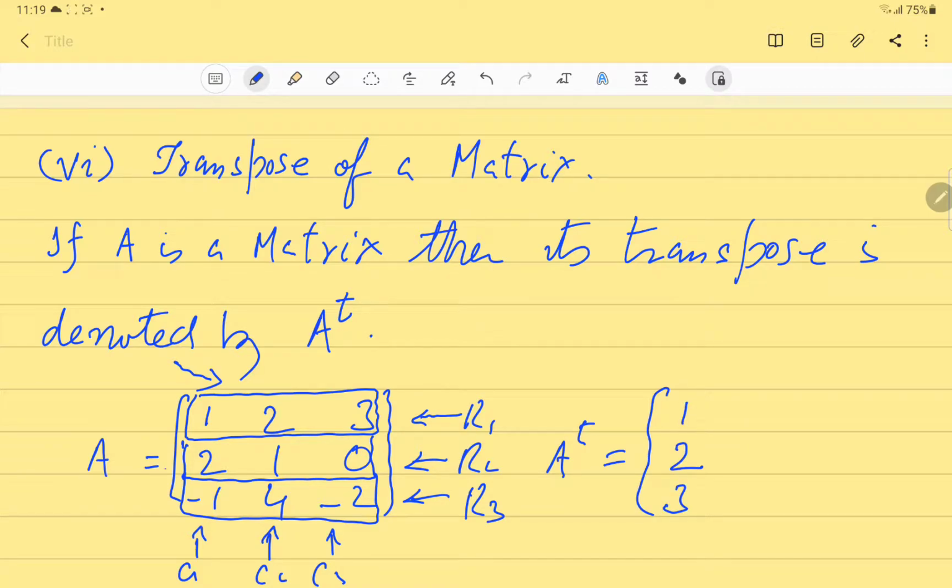Then we will pick up the second row and write its entries into the position of the second column. So it will come like 2, 1, 0. Then we will do the same thing with row number 3. We will write its entries in the position of column number 3. So we will write minus 1, 4 and minus 2.